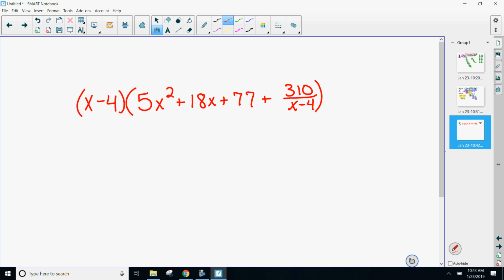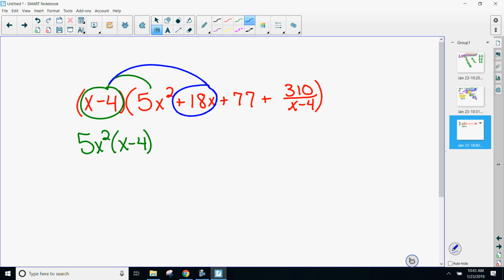So here's what you have to do. I'm going to take 5x squared times this quantity. I'm not going to distribute it yet. I'm going to just show it as that right there. Okay. And then I'm going to have to do it right here with this 18x. I got to multiply times this.